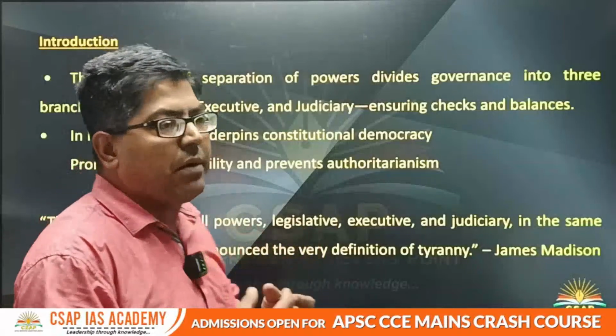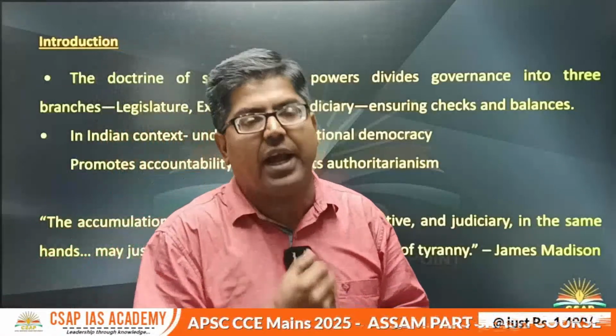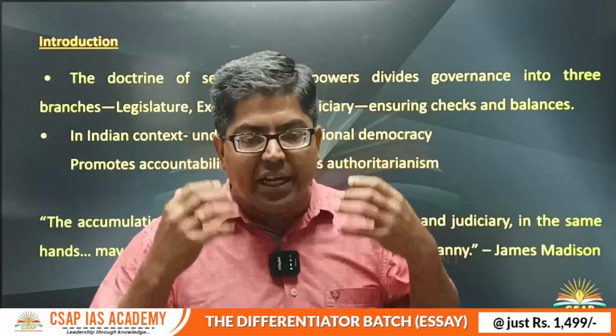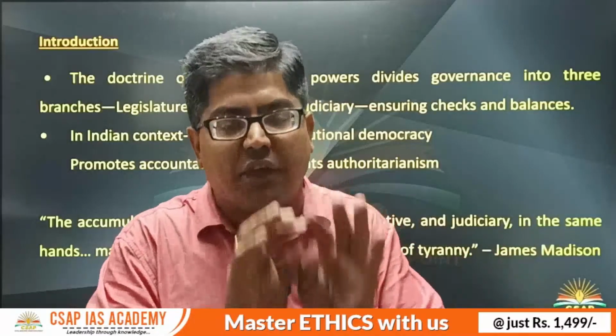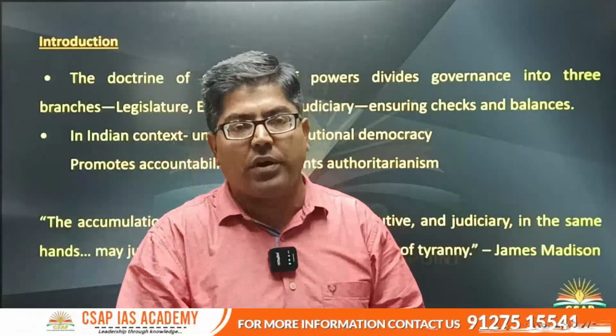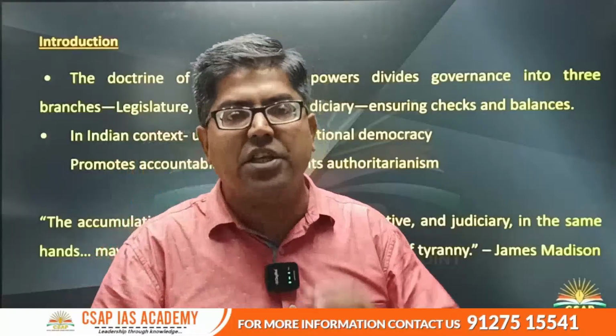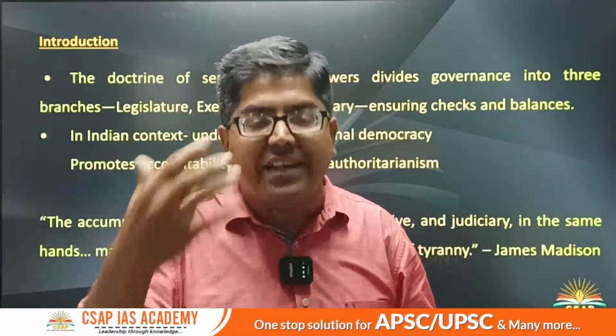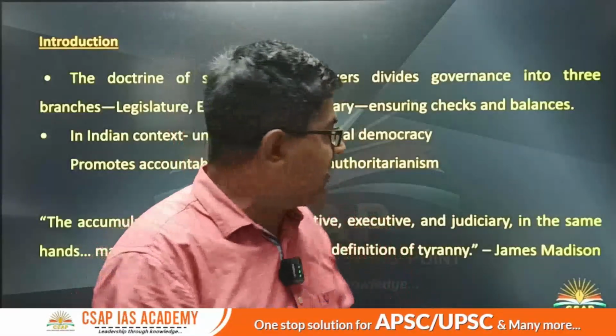When all the powers are concentrated in one hand, right, then the system becomes tyrannical. And therefore, if the democratic functioning of a state is to be maintained, then the adequate distribution of power, separating the powers between different branches, becomes all the more important, and to ensure that these branches do not cross their jurisdiction and arbitrarily enter into the domains of others, right.